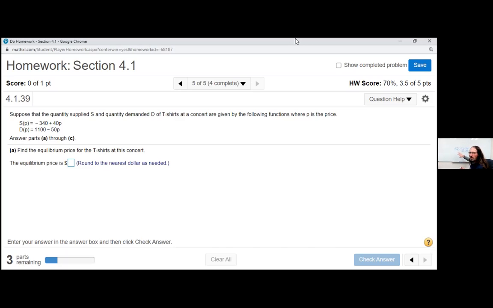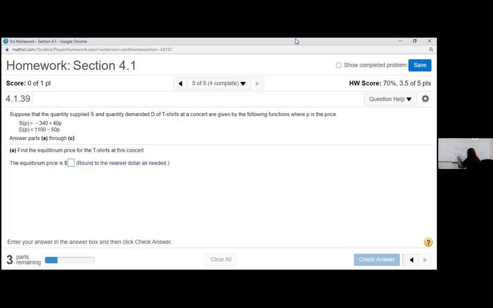When are supply and demand going to be equal? That would mean that this equals this. Add the 50P to get 90P over here. Subtract the 340.